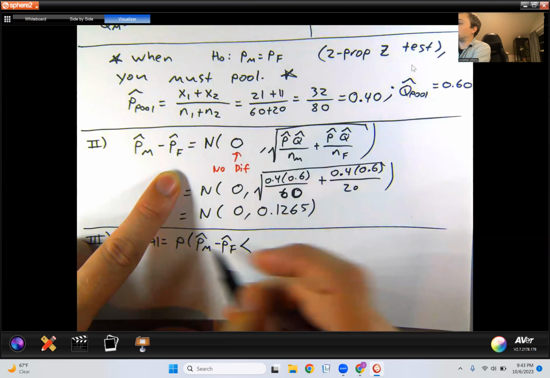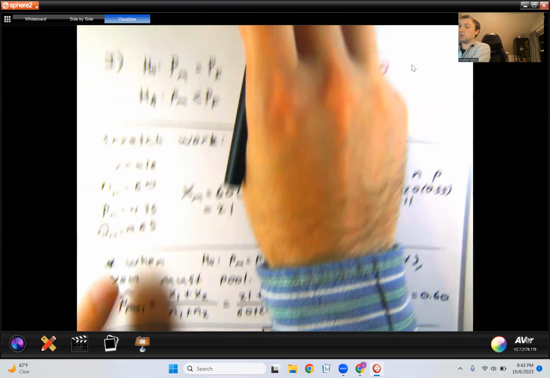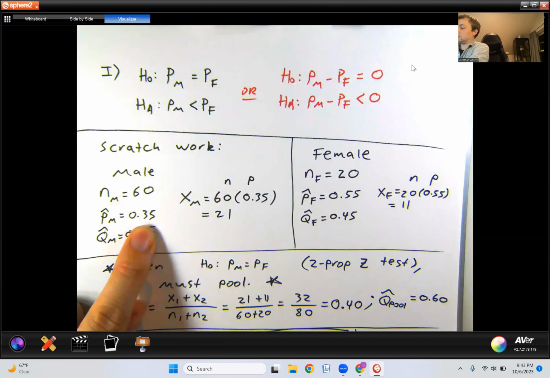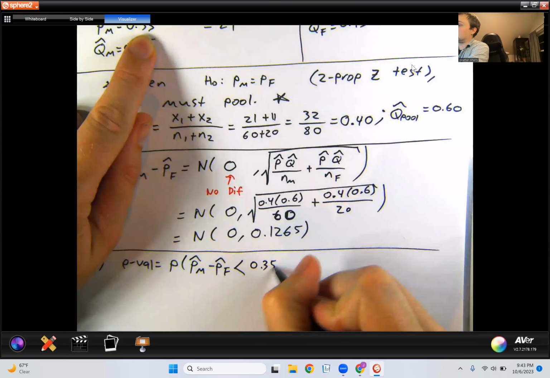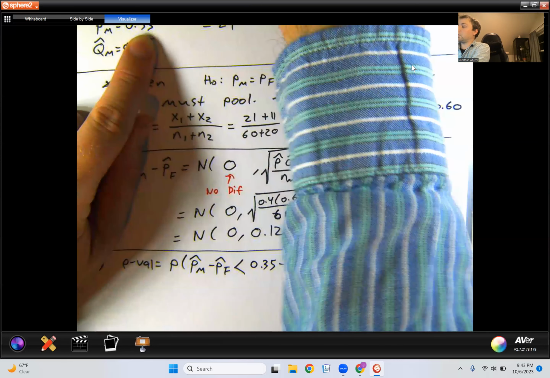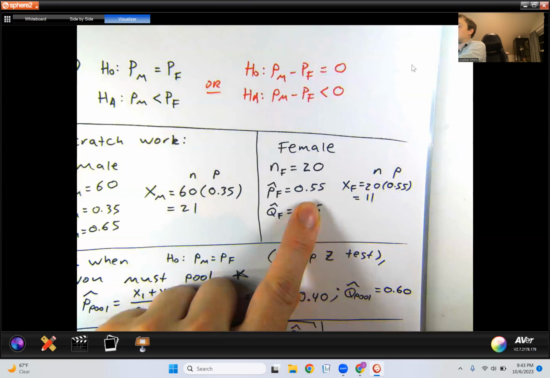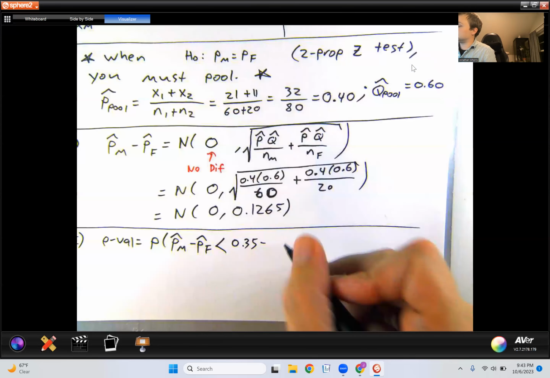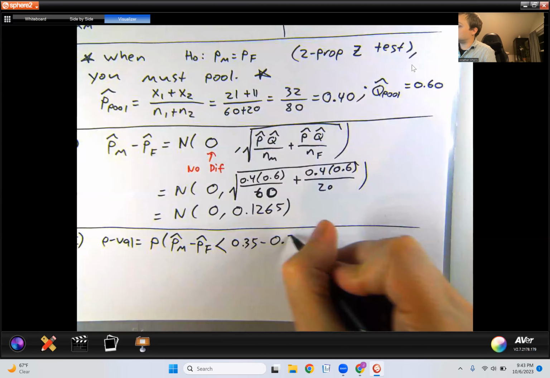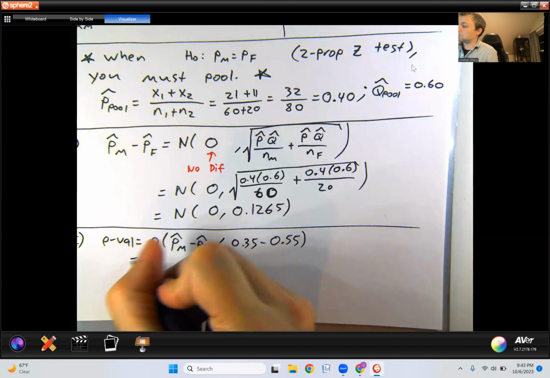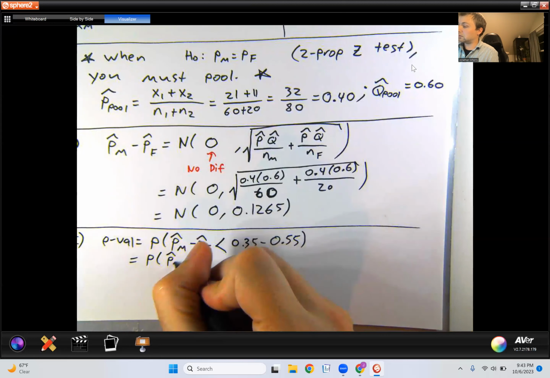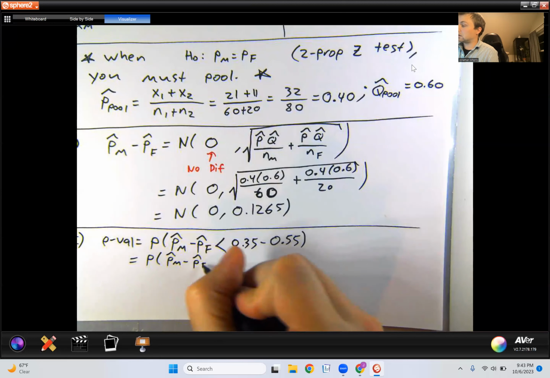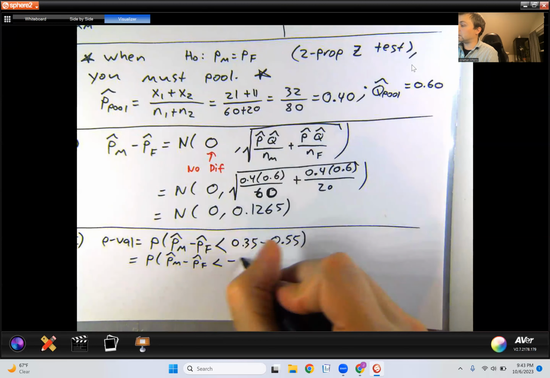My success rate for males was 35%. My success rate for females was 55%. When I type that into a calculator, I get negative 0.20.